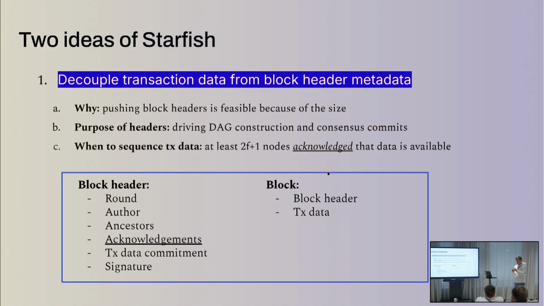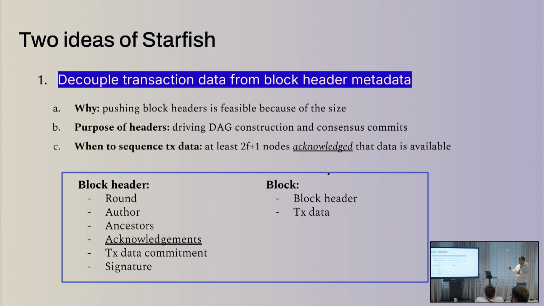Because in reality, in consensus protocols, when you do all the commit rules, sequencing of blocks, you don't care about transaction data. You only need all the ancestors, all the validness of block headers, and that's it. And we can push those headers because they are of more predictable size than transaction data.